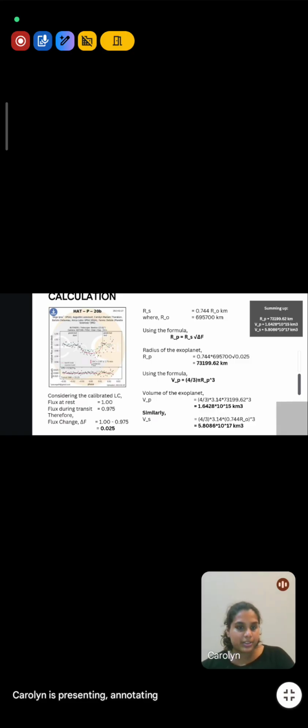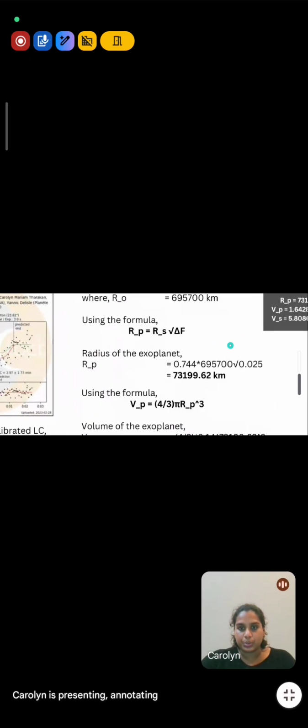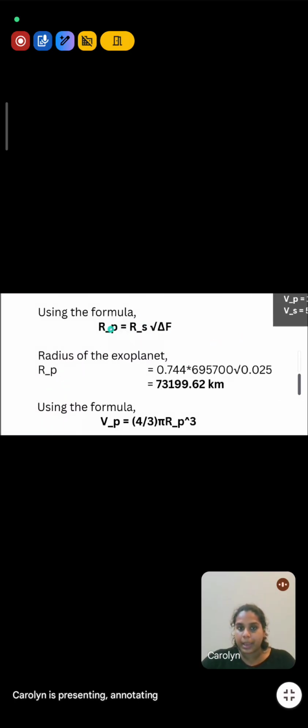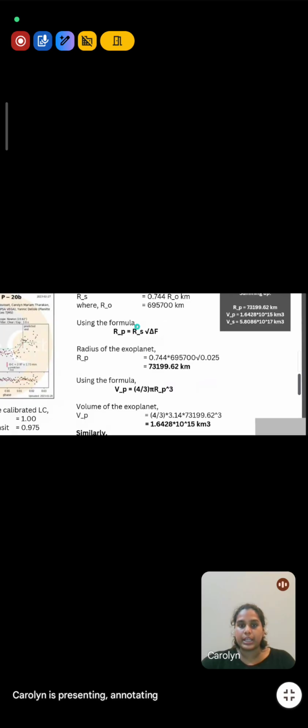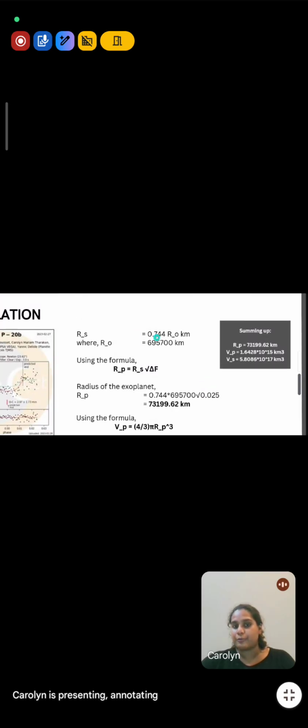And so for the radius of the exoplanet, you apply the same formula that is given here. RP is nothing but the radius of the exoplanet. You take the RS that is already given to you as 0.744 times the solar radius. Solar radius is also given as a constant to you.